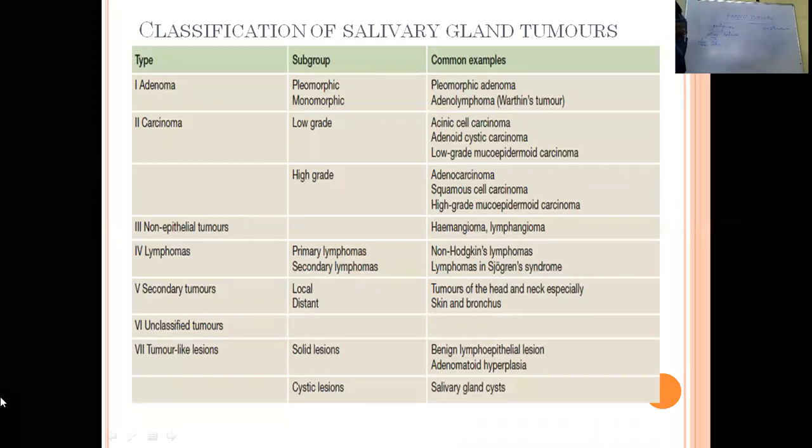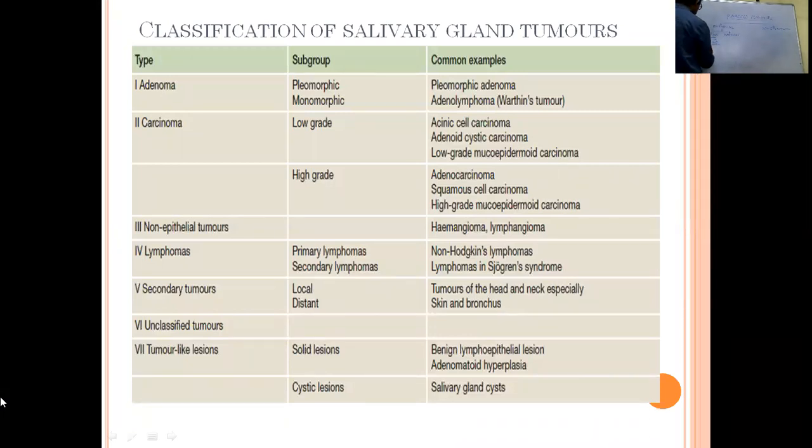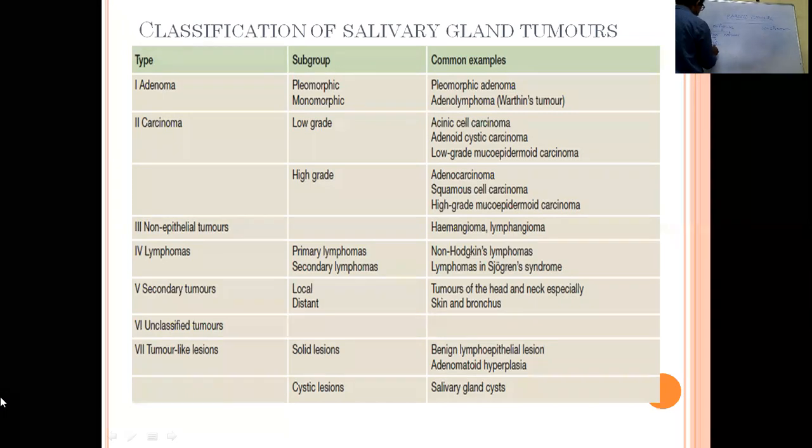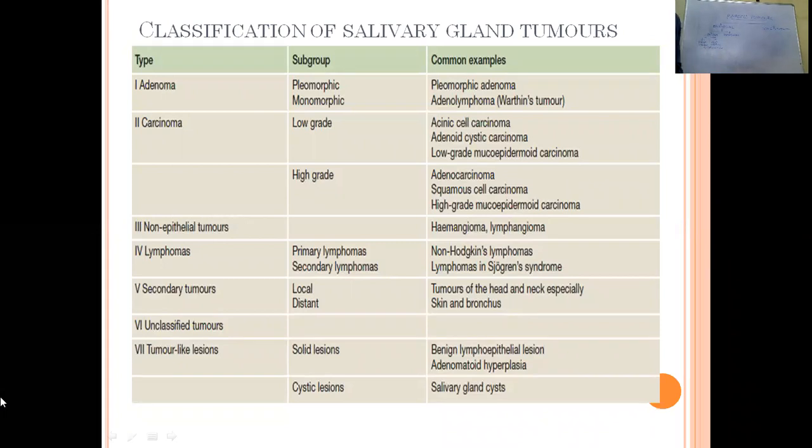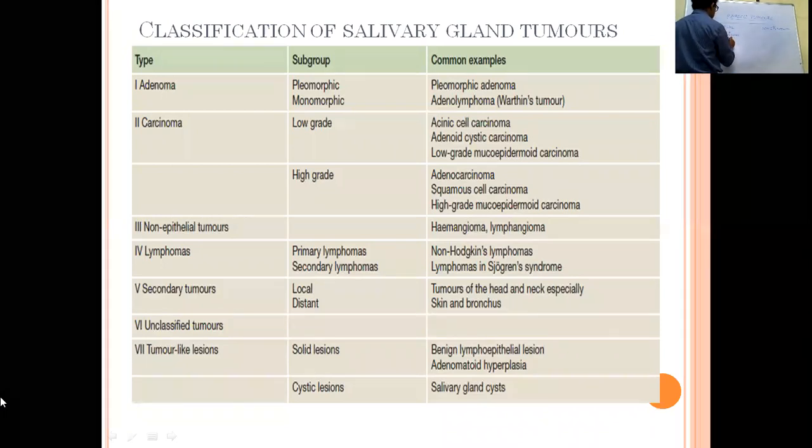So benign tumors are adenomas. Malignant ones are again divided as low grade.